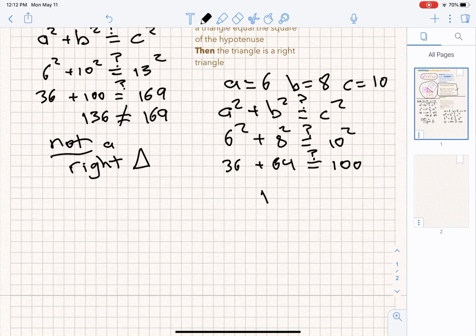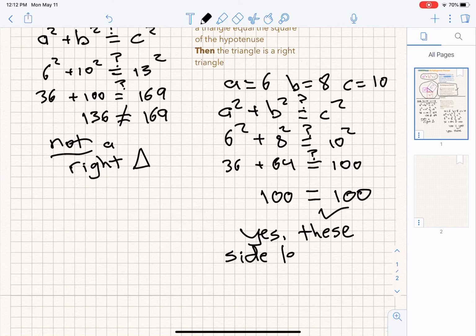So yes, 100 definitely equals 100. So we can say yes, these side lengths make a very beautiful right triangle.